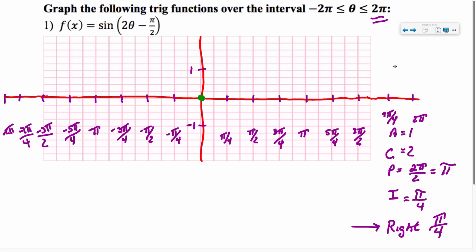That's all it is. So I'm going to take this dot and say, you're actually going to start pi over 4 to the right. You can see this distance here was pi over 4. So instead of starting at the origin, I took my entire graph and slid it over to the right by pi over 4. So this becomes your new starting point.